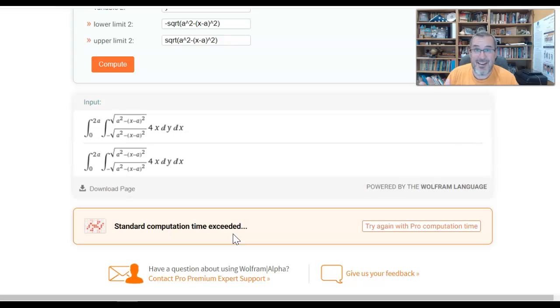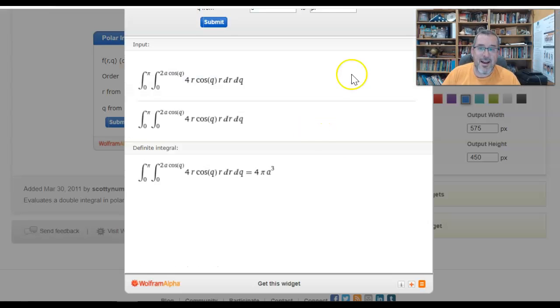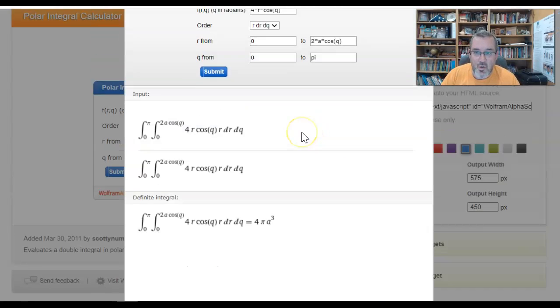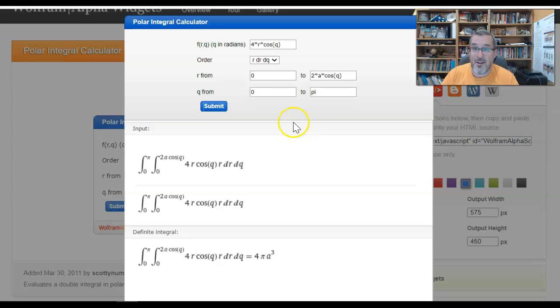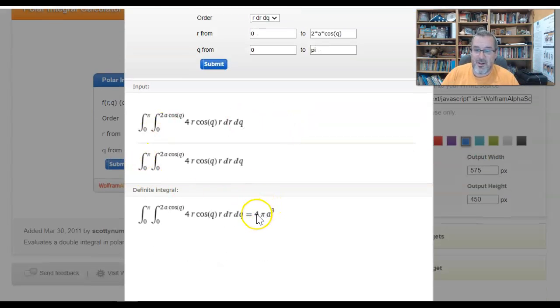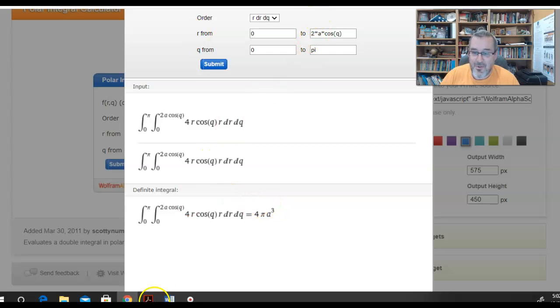That's my argument: I don't have the center of mass technique. I have technology. But technology and rectangular coordinates brought me to a standard computation time exceeded place. Bam! Given my experience, I hope yours too, that we have polar coordinates at our disposal. Polar coordinates led me to a beautiful result of 4 pi a cubed.